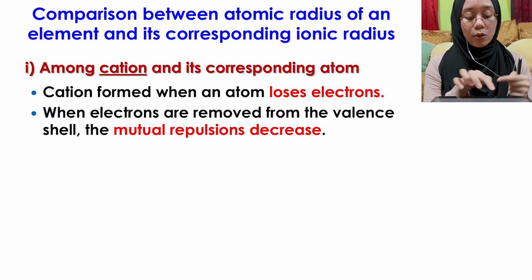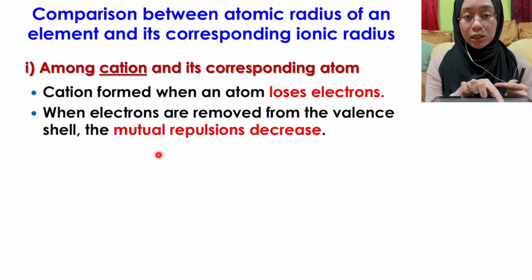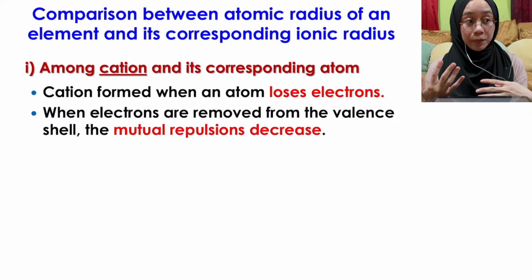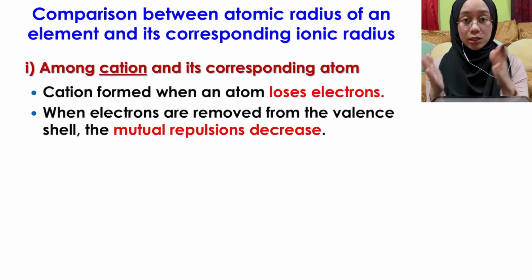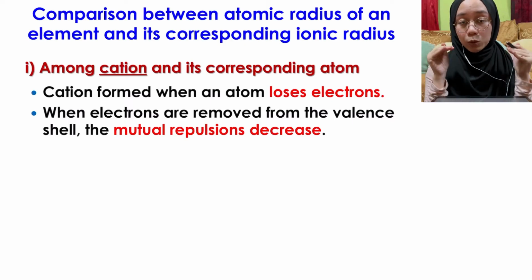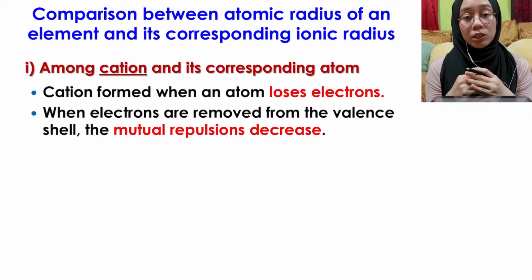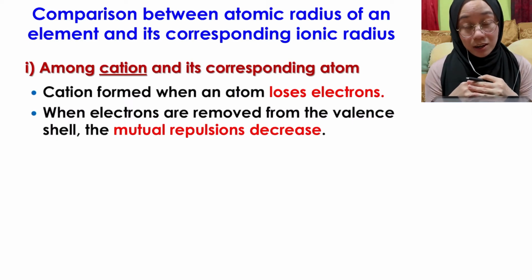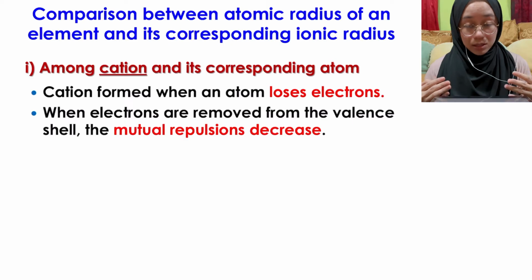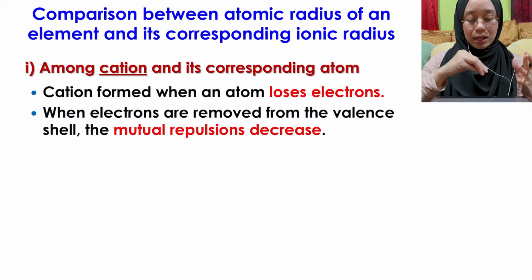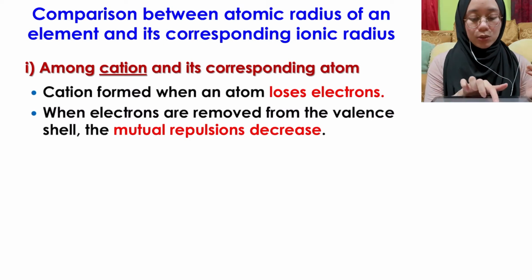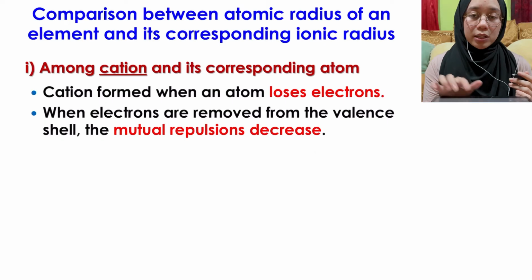Okay, but here we are talking about the mutual repulsion. Mutual repulsion between apa? Tadi attraction forces between nucleus and valence electron. Now we're talking about mutual repulsion. It is about mutual repulsion between electron. Kenapa dia repel? Because negative and negative. So of course they repel lah with one another. Okay, so bila kita hilang satu elektron ni, that's why dia kata the mutual repulsion decrease.